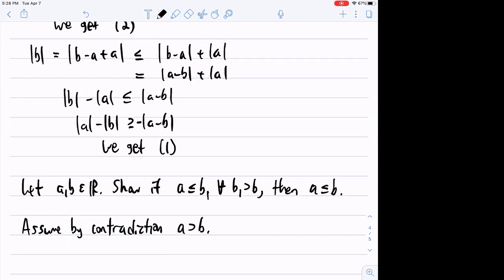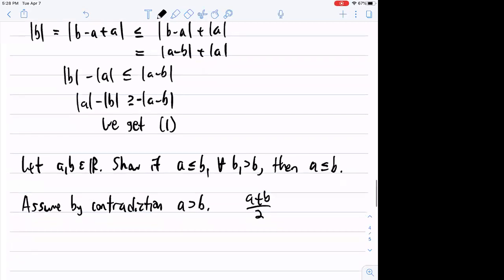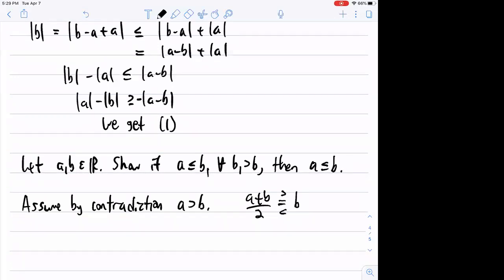Okay, so I'm going to start asking a question now. What can we say about A plus B over 2? Is this bigger than, equal to, or less than B? What can you tell me about this? Can anyone respond?